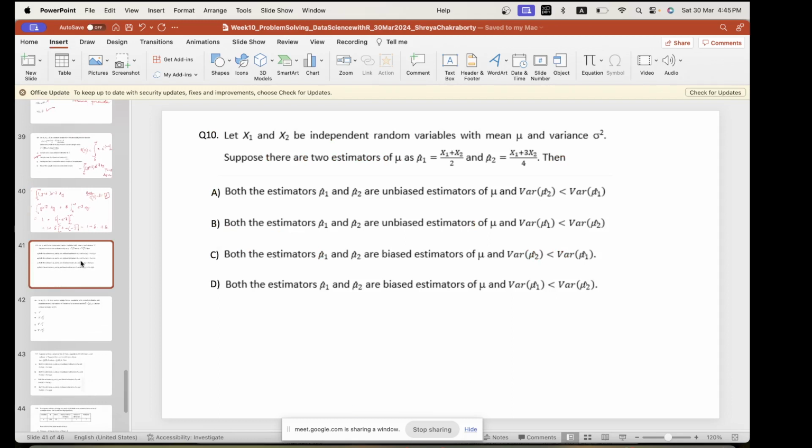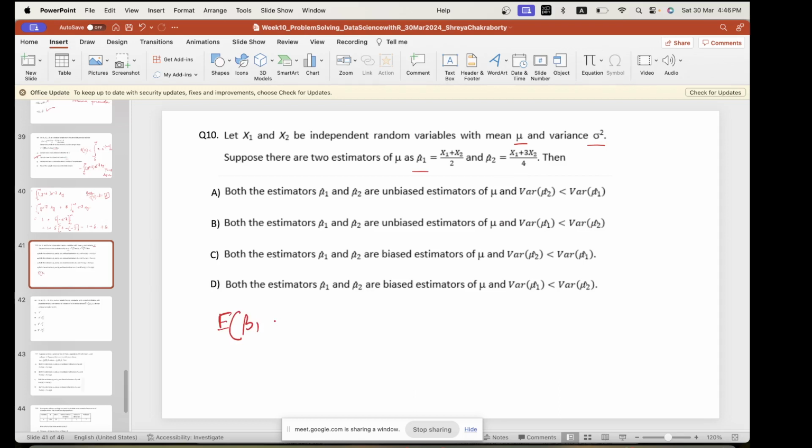Okay, so here they are saying let x1, x2 be independent random variables with mean mu and variance sigma square. Suppose there are two estimators of mu, beta 1 equals (x1 plus x2) by 2 and beta 2 equals (x1 plus 3x2) by 4. Then we have to compare if both are biased or unbiased and the variance of these two. So let us first find out whether they are biased or not.